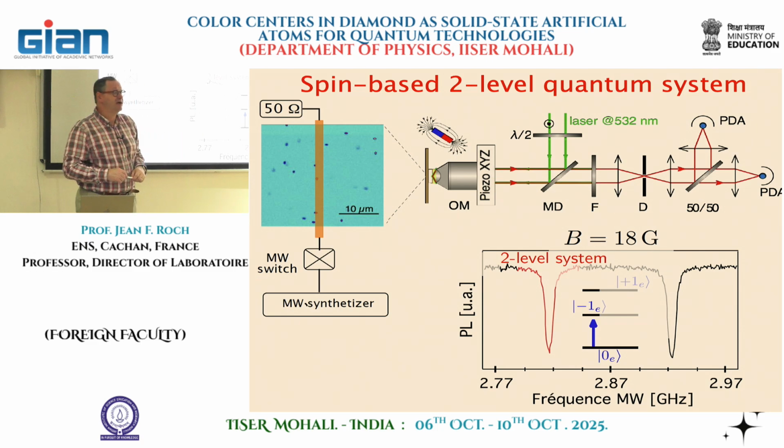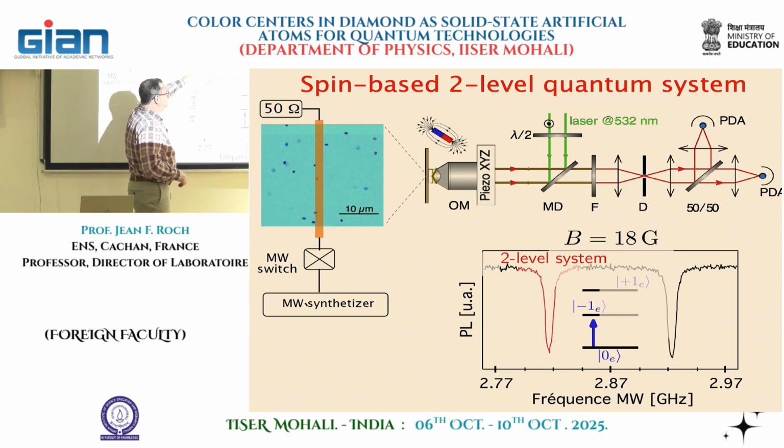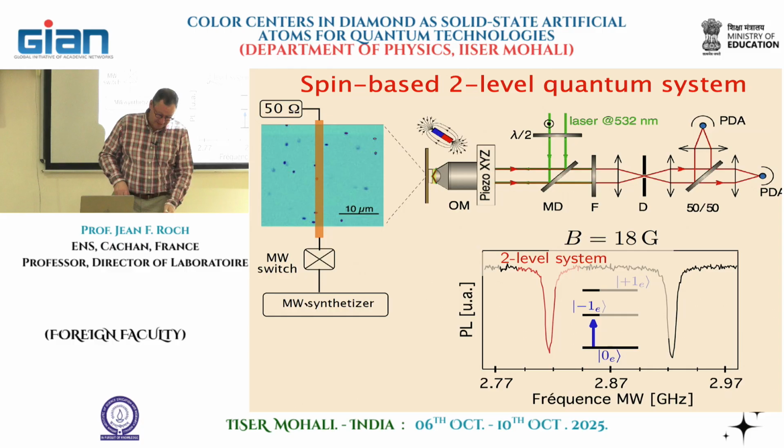So you monitor in real time the intensity emitted by the NV center, and then you simply measure the intensity level as a function, for instance, of the microwave frequency. Okay?